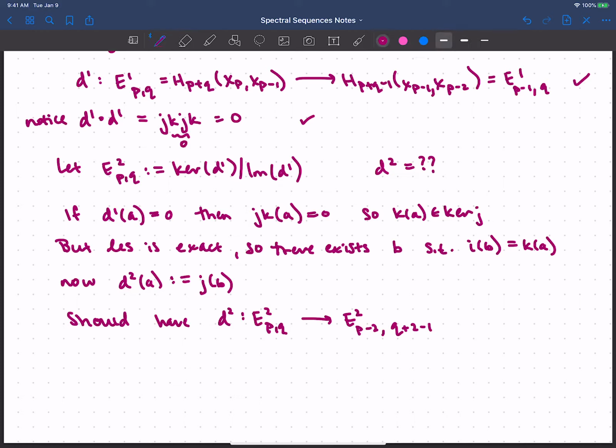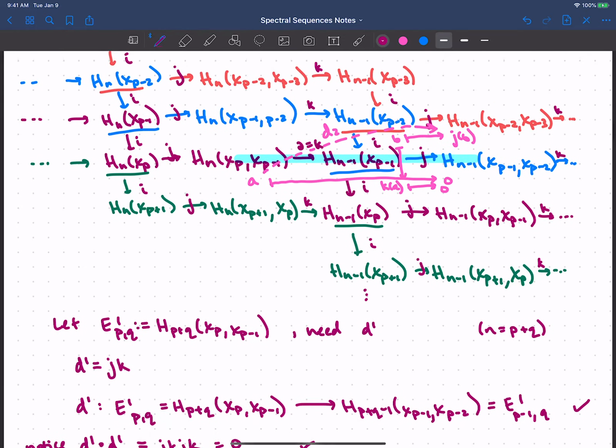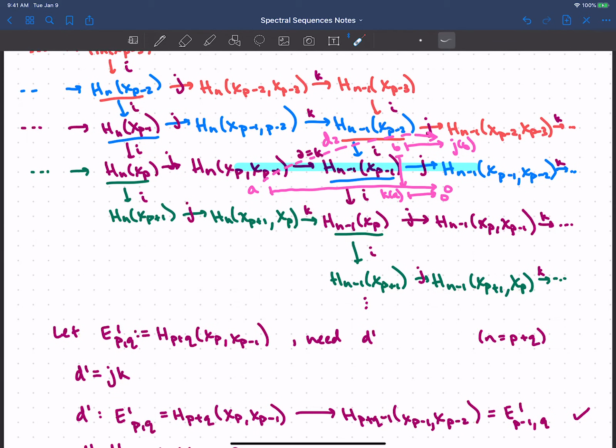And now E2, it's not just one of these homology groups in our unraveled exact couple, but maybe let me say this thing is related to something in our exact couple. It's HP plus Q minus 1 of XP minus 2, comma XP minus 3. Okay, so I'm just looking at where we landed in our unraveled exact couple, and we landed with something up here.